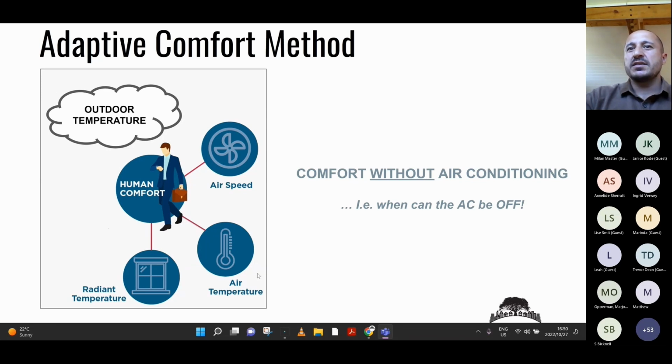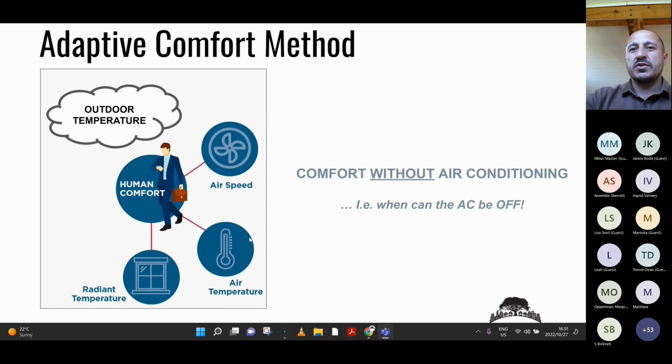It could be 28 degrees, and you could still be comfortable because maybe you've got cool surfaces around you, radiant temperature. So maybe you've got nice thermal mass on your floor or your walls, that nice cool radiant temperature around you. Or maybe you've got good airspeed, so you've got good air changes, whether it's natural ventilation, mechanical ventilation, or ceiling fans. You can play with these three factors to get your comfort met.